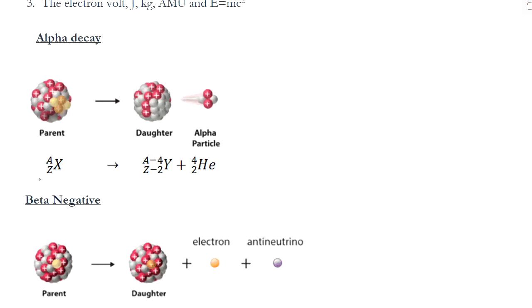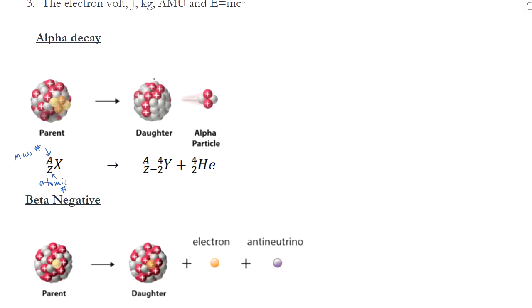So here, just some notation, right? This is the atomic number, which is the number of protons in the nucleus. This is the mass number, and that's the number of protons plus neutrons, the number of nucleons, you could say. So if a helium nucleus pops out, helium has 2 protons, 2 neutrons.